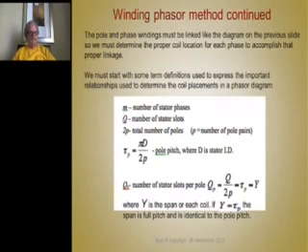So M is the number of phases, capital Q is the number of stator slots, 2p is the number of poles, with this little p being the number of pole pairs, so twice that many is the total number of poles. And this angle here is the pole pitch, where D is the stator ID, or the rotor OD is close enough, and of course we got the number of poles in the denominator. We got pi up here.